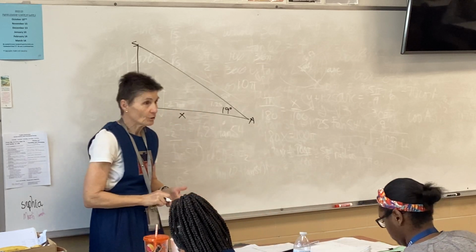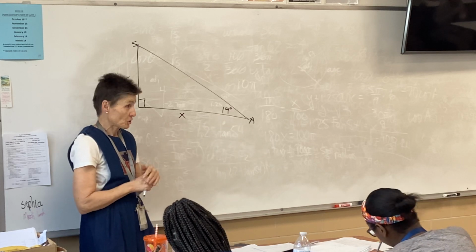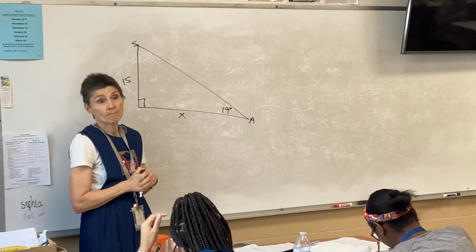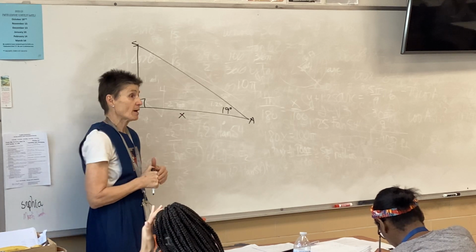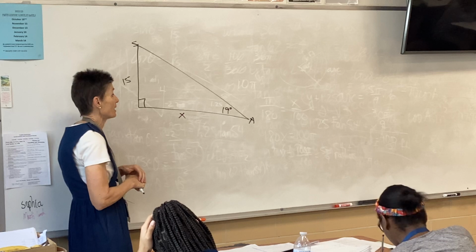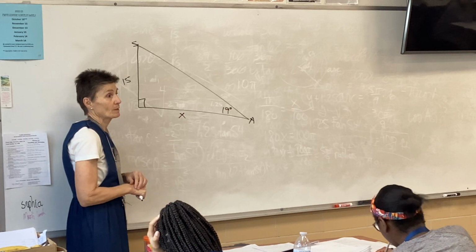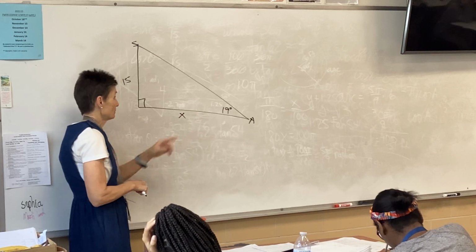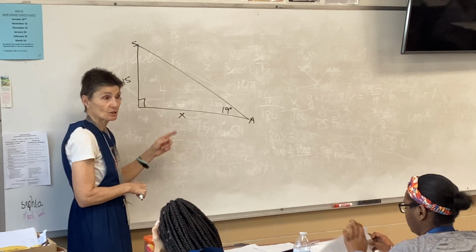So what do we do with a problem like this? We need an equation, and the equation's gonna come from SOHCAHTOA. So you just have to figure out, am I gonna do a sine, cosine, or a tangent equation? Well, what do we have here? That's gonna be a tangent, right?